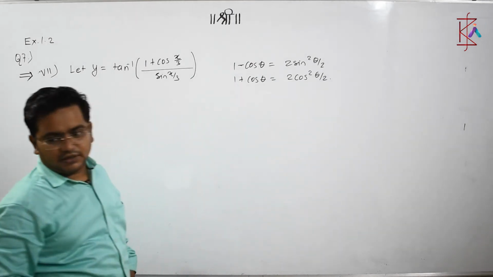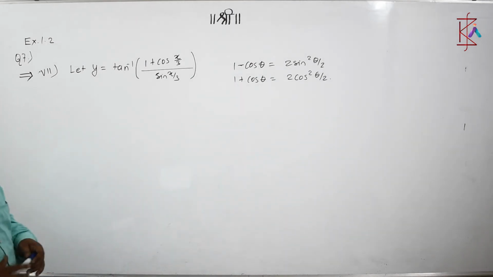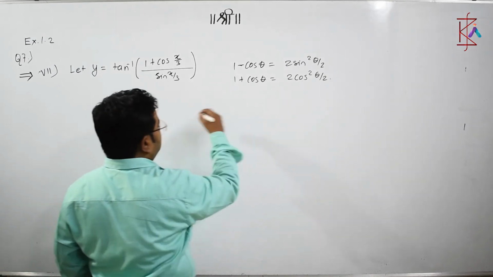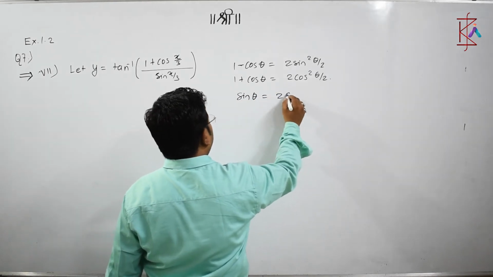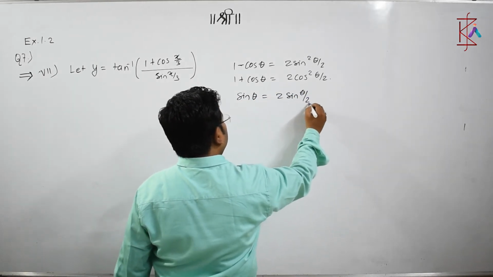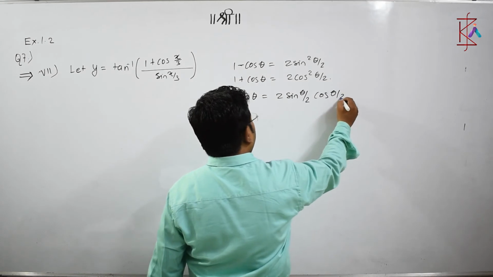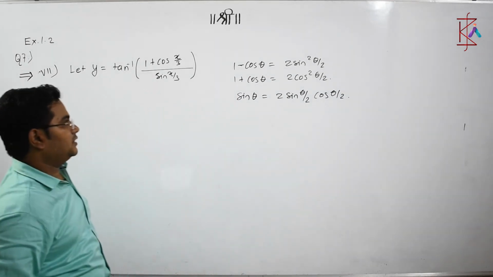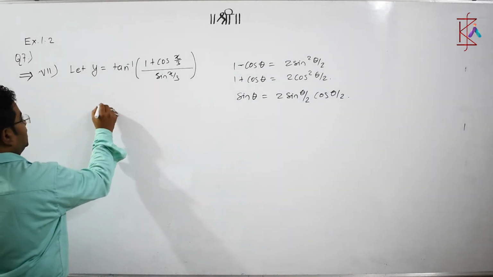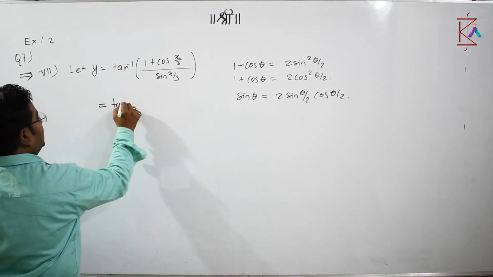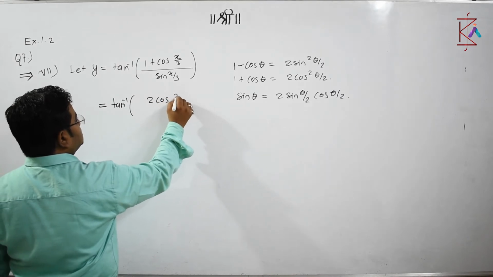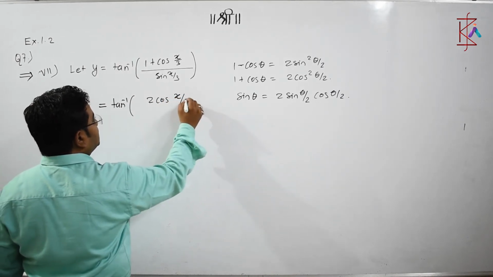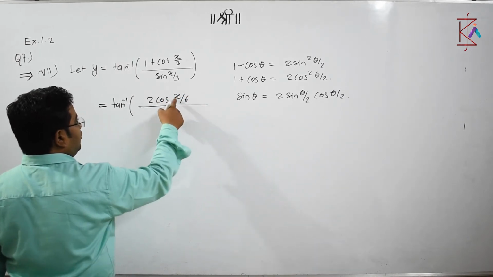Okay, everything is settled. Now we need to apply this formula within the bracket, plus this is also another formula: sin theta is equal to 2 sin theta by 2 cos theta by 2. So using these two formulas we can rewrite this equation. Tan inverse of 2 cos square x by 6 divided by 2 sin x by 6 into cos x by 6.